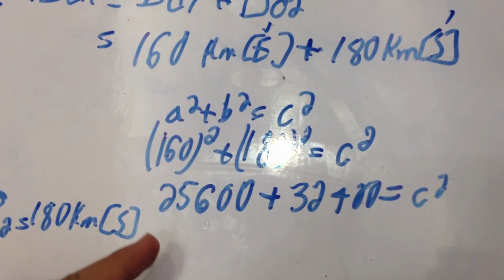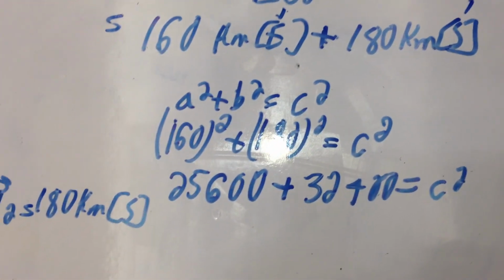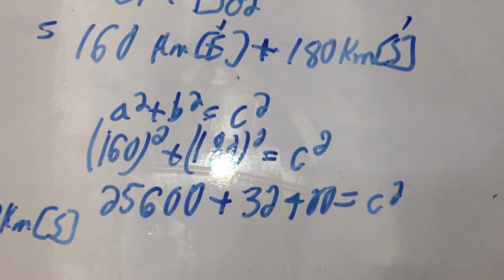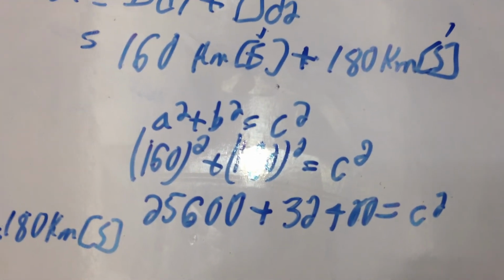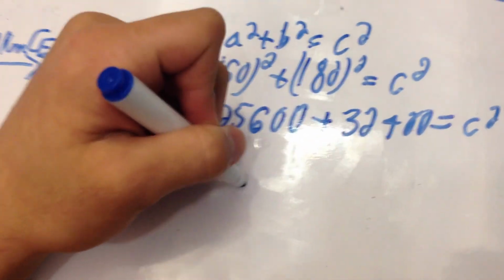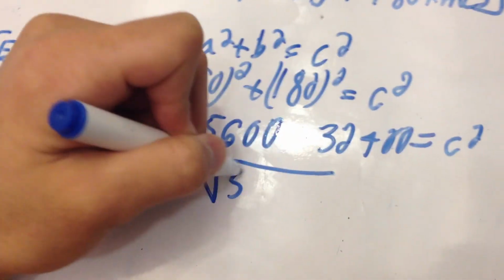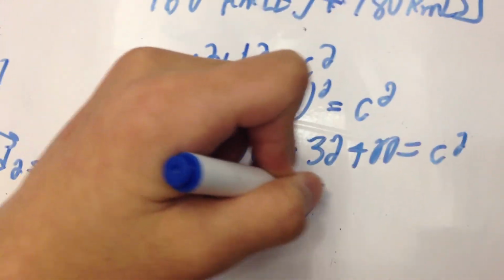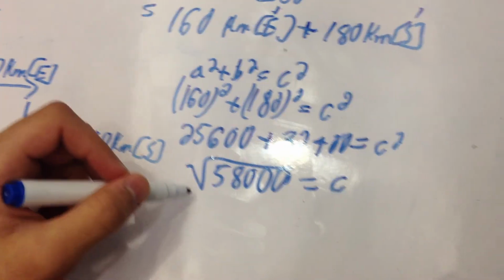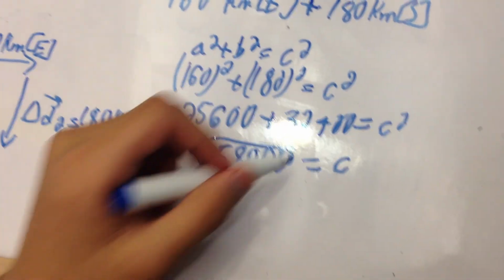Then we take these two values and add them. When we add them, we have 58,000 equals c squared. Square root of 58,000 equals c, because I took out the square and made a square root.